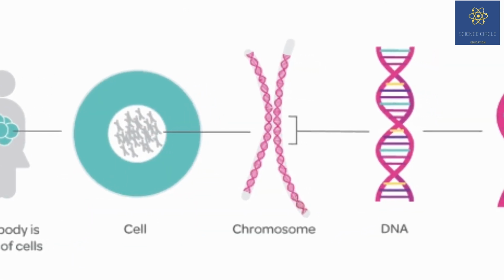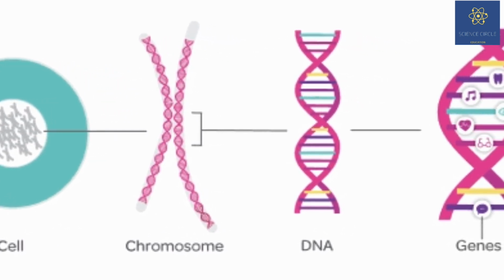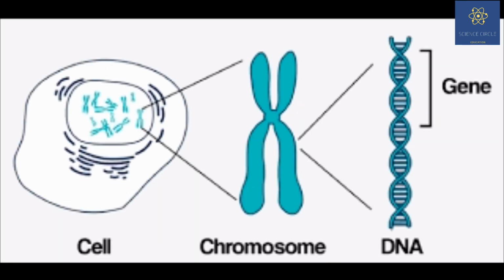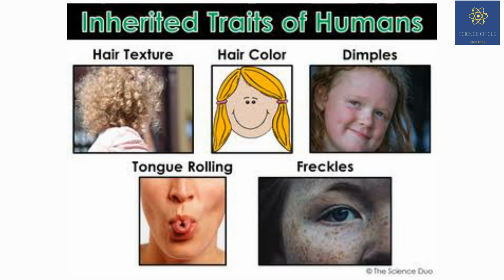The chromosomes bear genes. The genes are responsible for the transmission of hereditary characters from one generation to the other, like our parents or partly our grandparents, maybe hair color, the structure of your eyes, nose, whatever it can be.